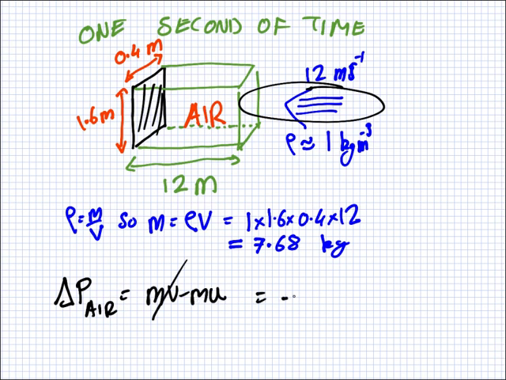So that's minus m, which is 7.68. And the u, in this picture, it's heading to the left, so it's minus 12 technically. What's that? Negative times negative, 92.16.